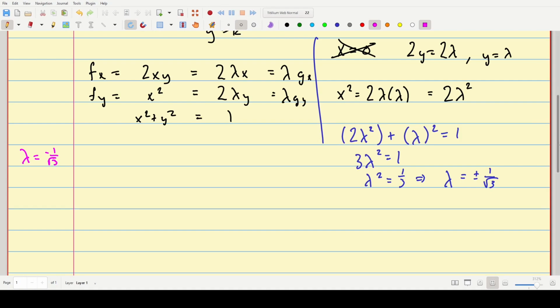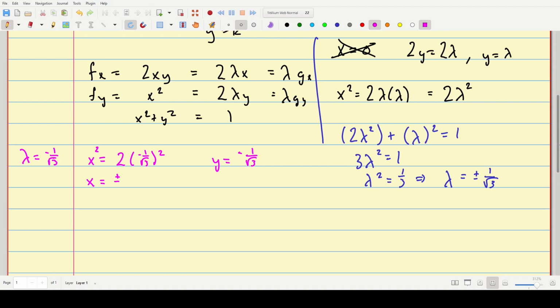If lambda is equal to negative 1 over the square root of 3, then y is equal to lambda, and x squared is equal to 2 times this expression. So we take the square root, get a plus or minus again.